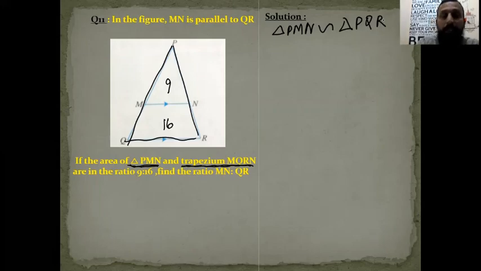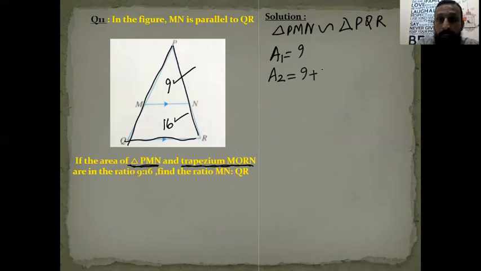So the area of the small triangle PMN, A1, is equal to 9, and the area of the big triangle, that is PQR, will be the sum of 9 and 16. 9 plus 16 equals 25, right?